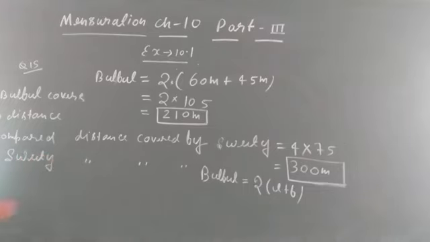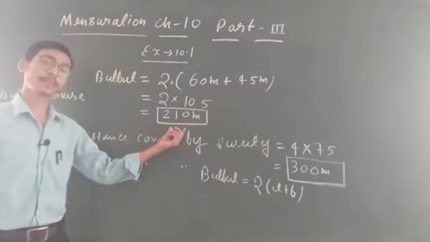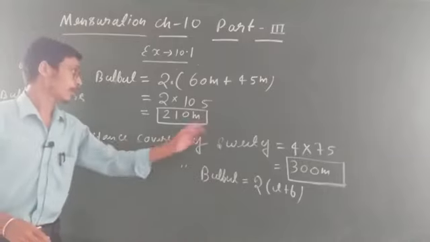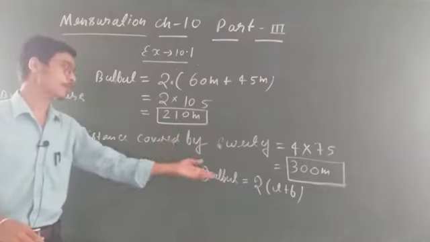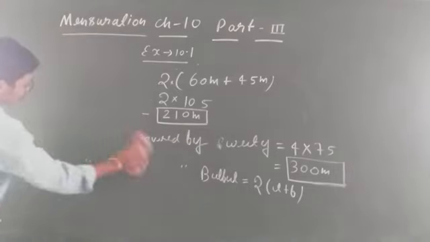Clear, student? You can say Bulbul covers less distance as compared to Sweetie because you know that Bulbul covered 210 meter and Sweetie covered 300 meter. So who is more? Who is less? Bulbul is less. By how much? We will subtract, then we will find. Clear, student? I think this question is clear with the proper concept.